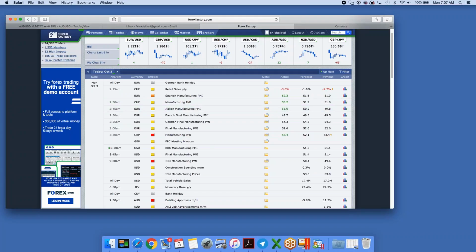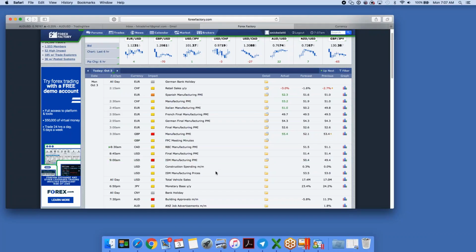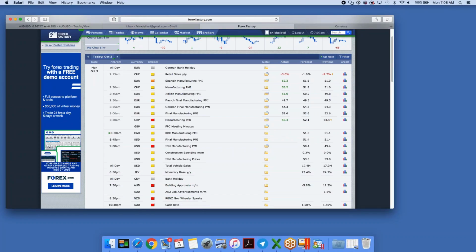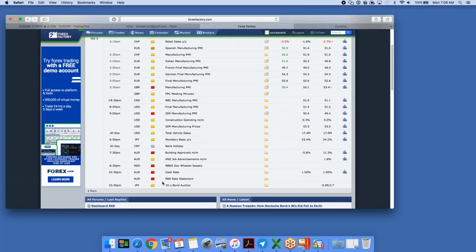And then this morning, in about 2 hours at 9 a.m., there's ISM Manufacturing PMI. Might cause some movement, but probably not a ton. And then we have the Australian building approvals, and the expected numbers look to be pretty bad.